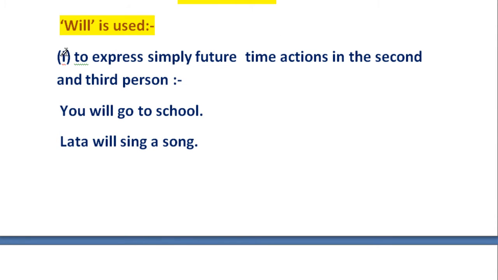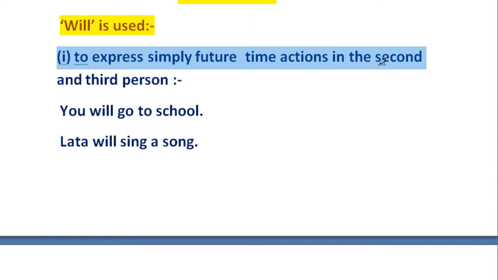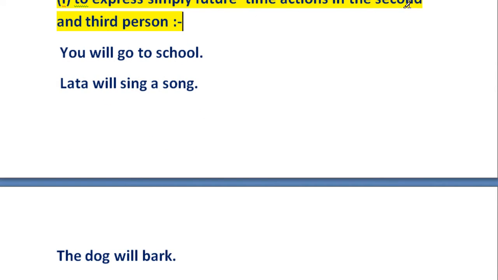Will is used to express simple future time actions in the second and third persons. Second and third person means you, he, she, it and they. Here you is in second person, singular and plural both, and he, she, it are third person singular number and they is third person plural number.